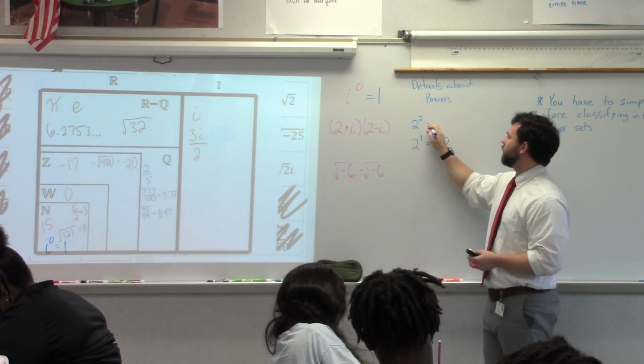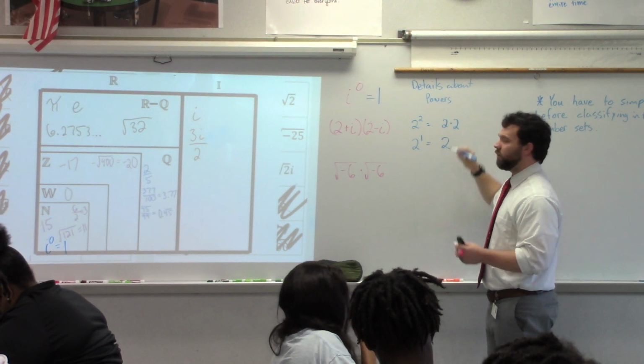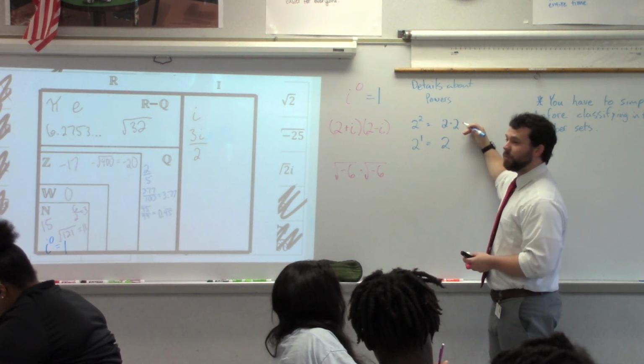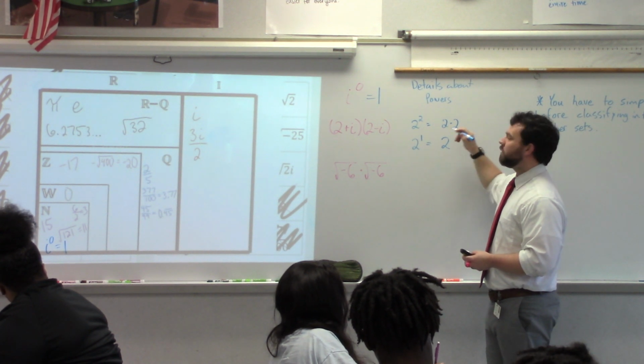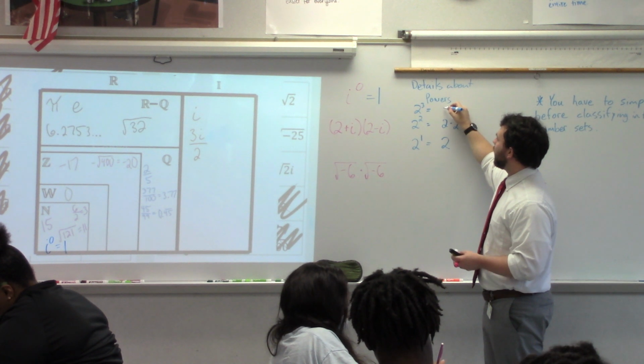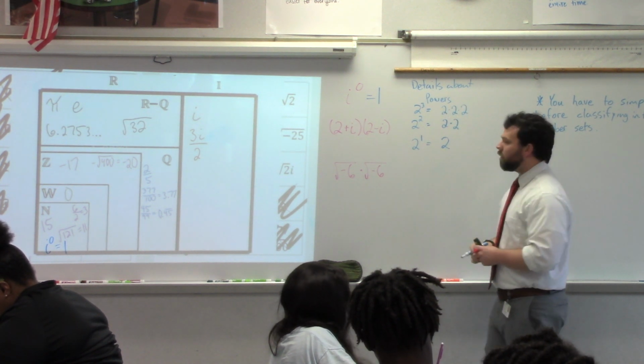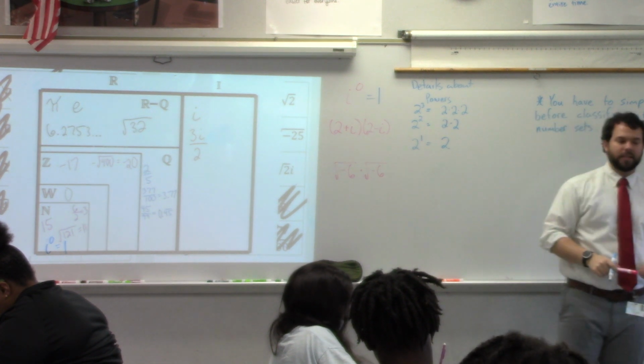Where did that come from, though? 1 times 2 times 2. Well, typically people, and I'm going to get to what you just said in a second, typically we just think 2 times 2, right? And 2 to the third would be 8 coming from? 2 times 2 times 2.